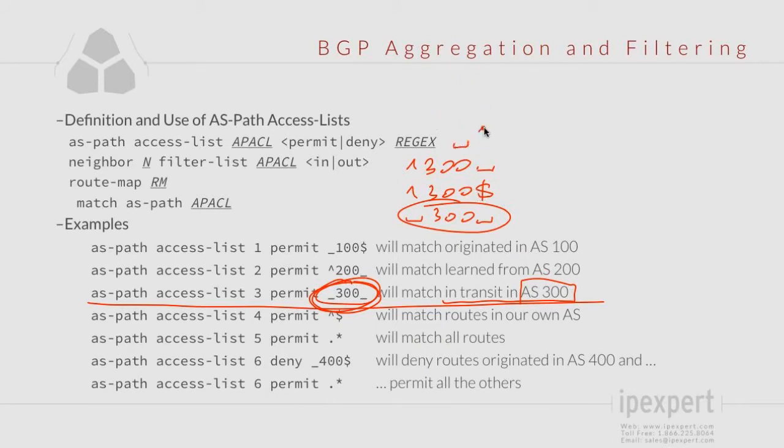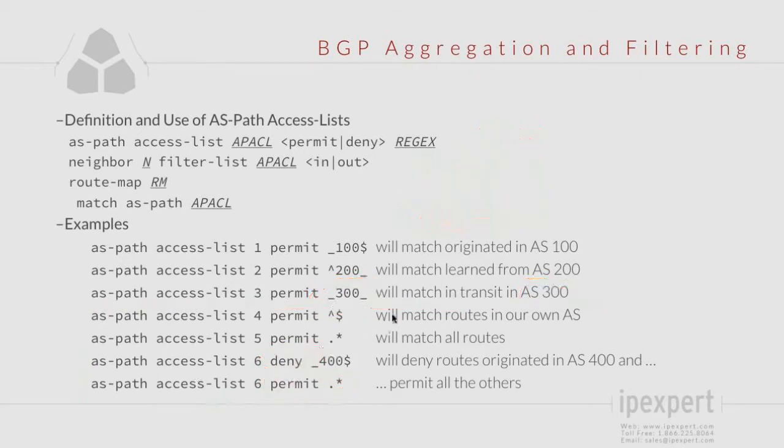I forgot about that one. It's going to match this one as well. What we would actually have to do is write an AS path access list that consists of multiple entries. We would have to have a first deny and then permit. I'll give you that example a little bit later on.